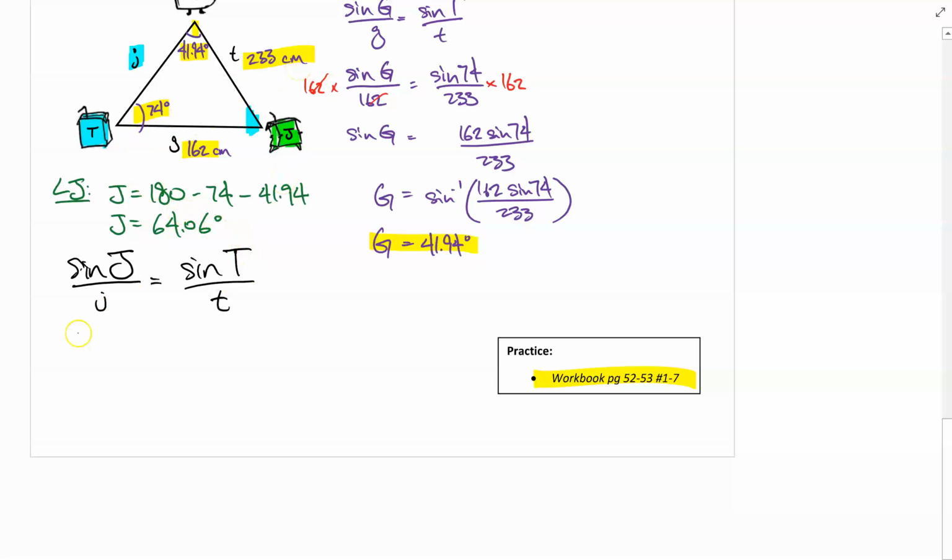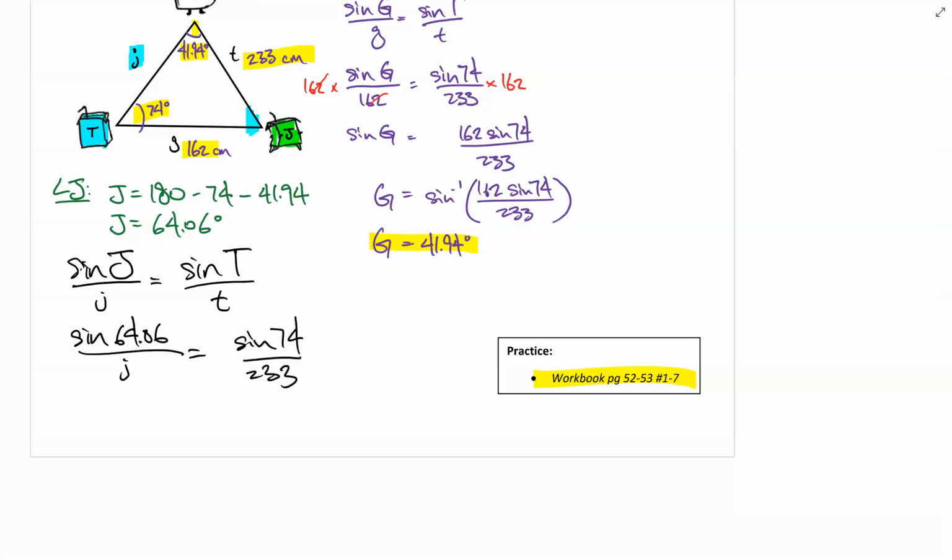So if we plug in from here, you're going to end up looking like this. Sine of j, which happens to be 64.06, over lowercase j, which we don't have. And then the sine of t, which is 74, over lowercase t, which is 233.